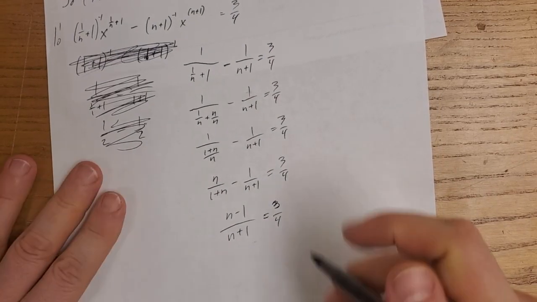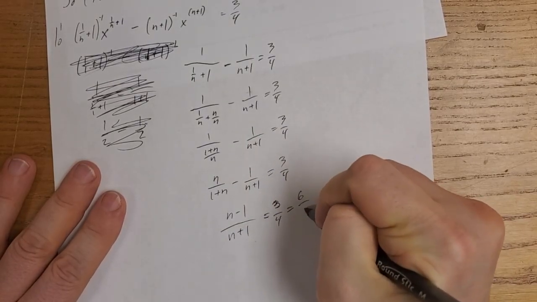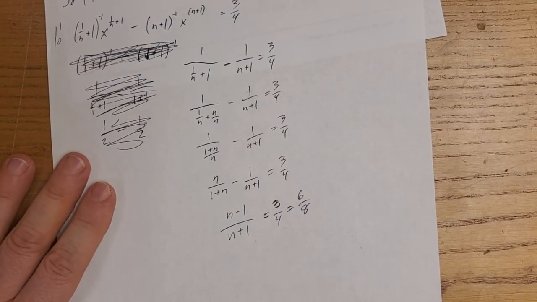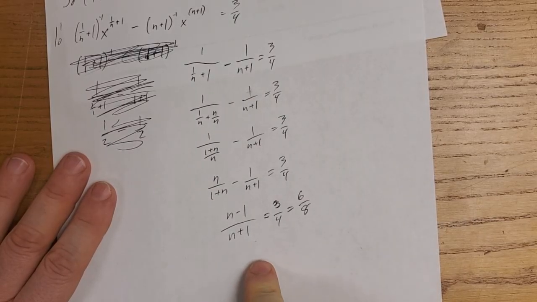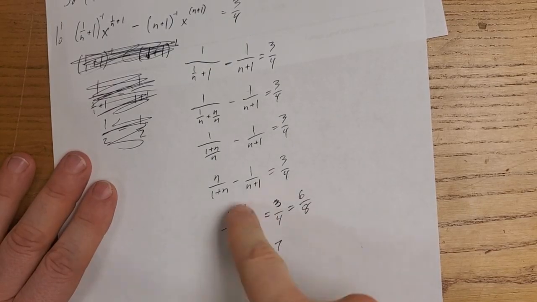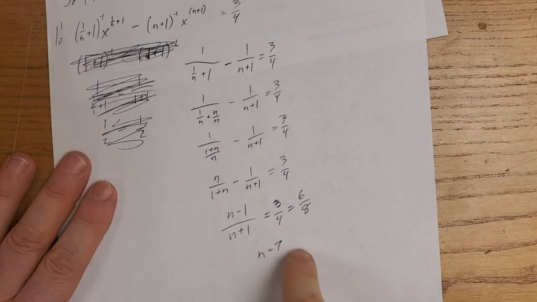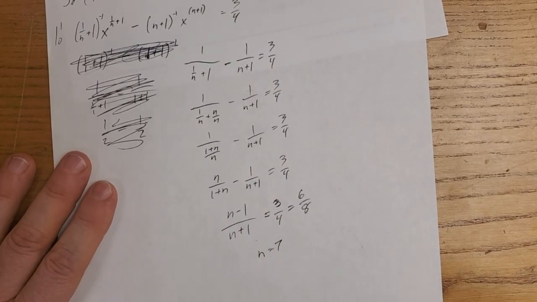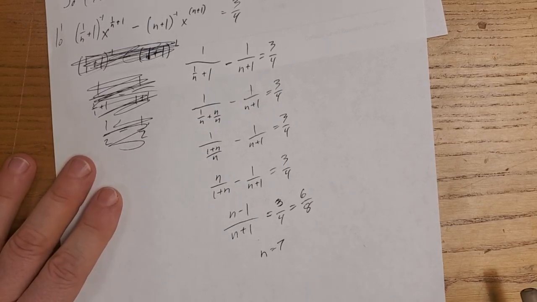But if we recognize that 3 over 4 is the same as 6 over 8, now it should be more obvious fairly quickly that n is going to be 7, because 7 minus 1 is 6 over 7 plus 1 is 8, and n equals 7 gives you the 6 over 8, which is equal to the 3/4.